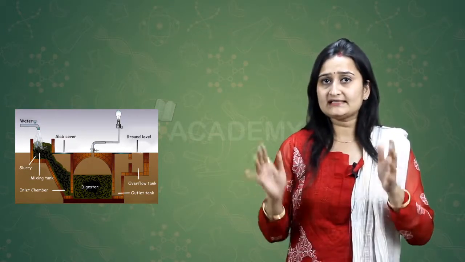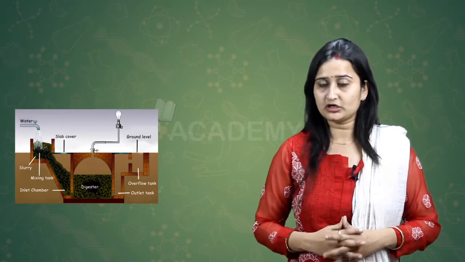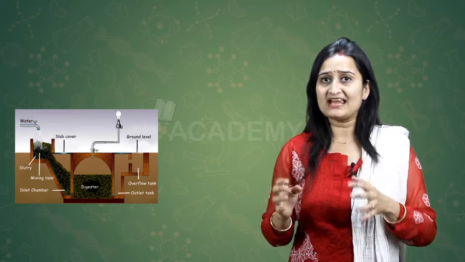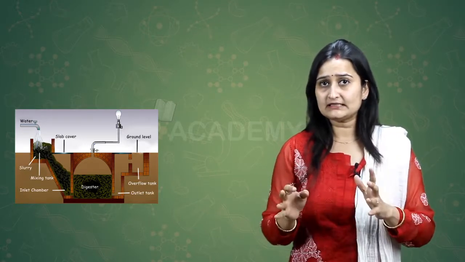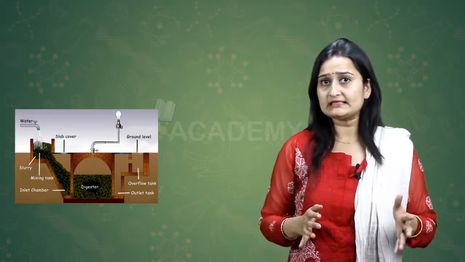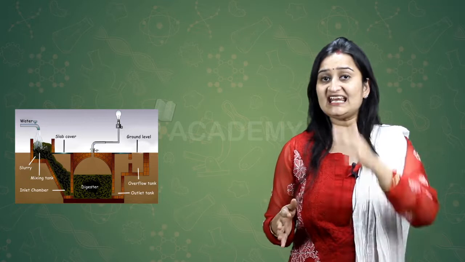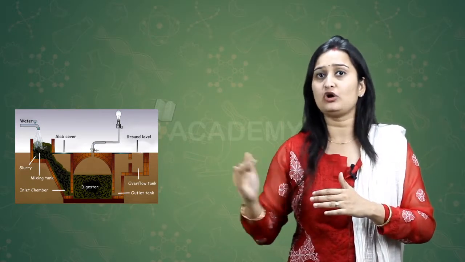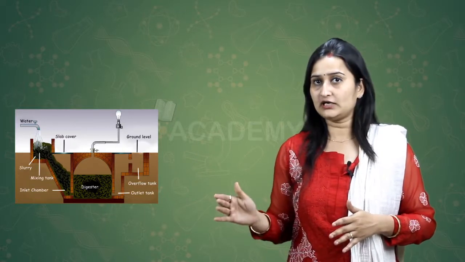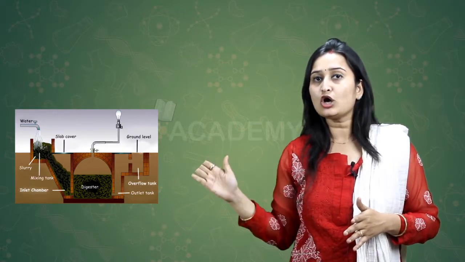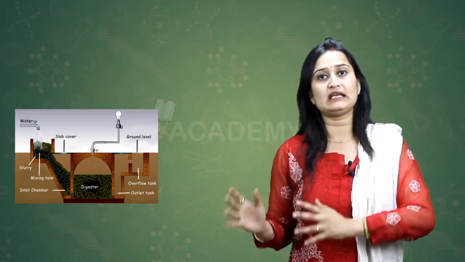When the biogas starts accumulating inside the dome-shaped structure, it gives pressure and pushes down the slurry. When the slurry is pushed down, this slurry is basically unused slurry. When this unused slurry is pushed down by the pressure of the gas which is formed, then it passes from the outlet chamber and enters into the overflow tank. From the overflow tank, the slurry is taken out.